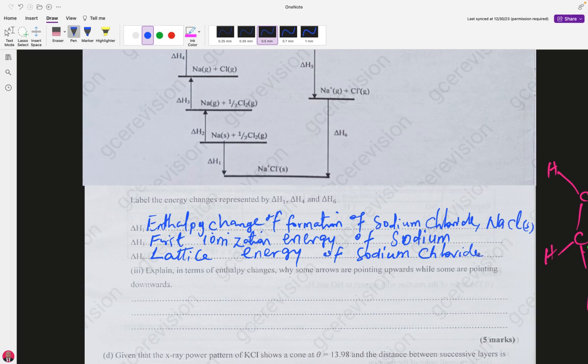So that is it: the enthalpy of formation of sodium chloride, the first ionization energy of sodium, and the lattice energy of sodium chloride. So those are the enthalpy changes.